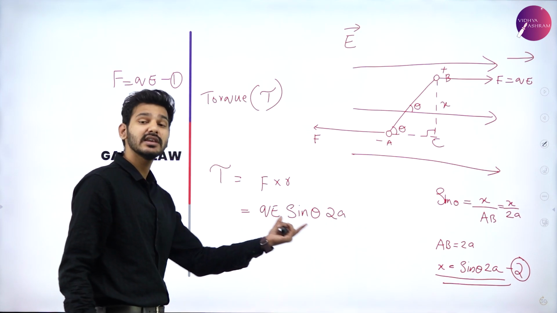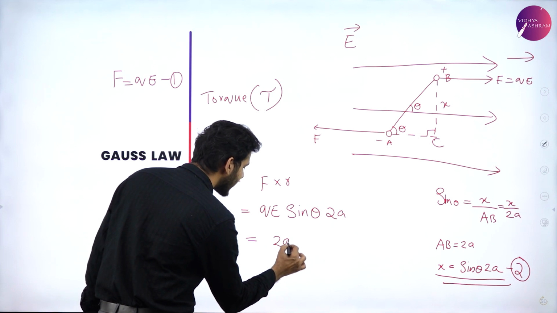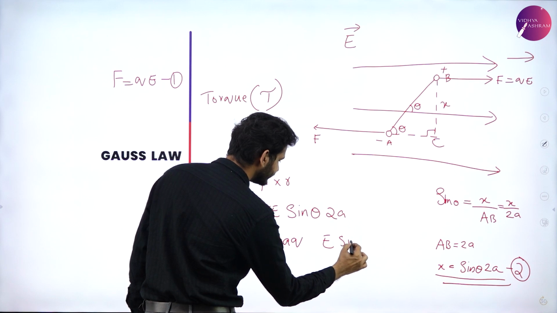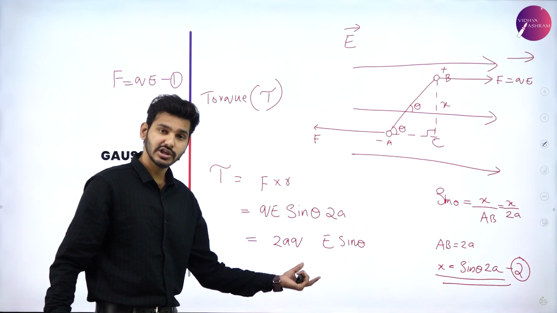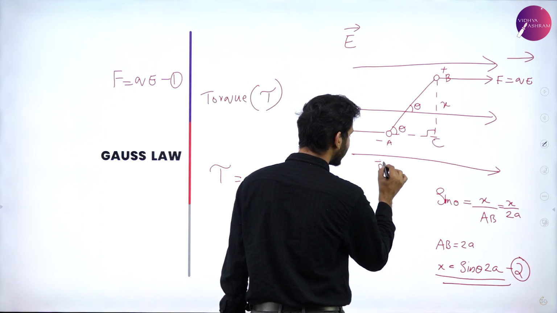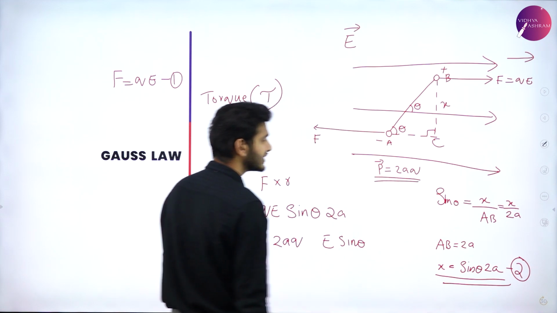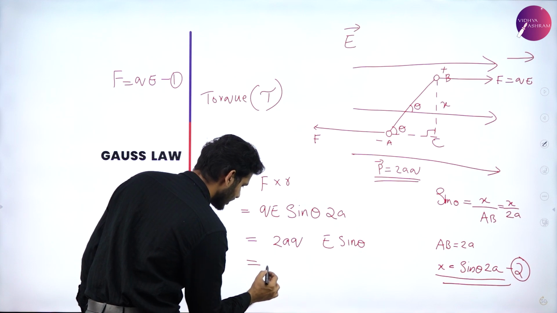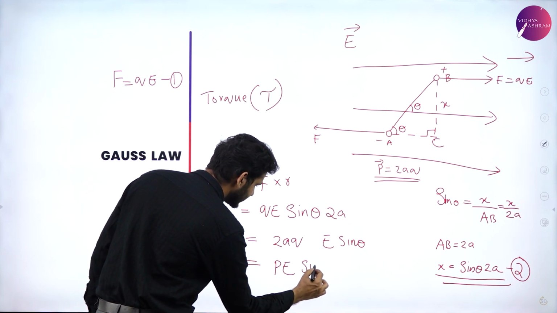Now if we rearrange this equation, we can write it as 2AQ into E sine theta. But we already know that 2AQ is the dipole moment, which is indicated by the letter P. So we can write this as PE sine theta.